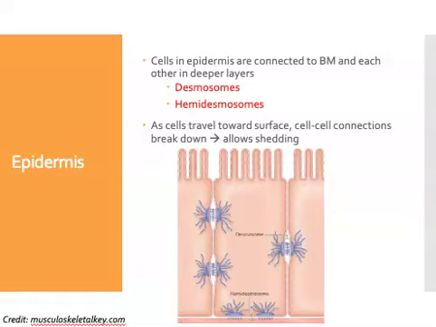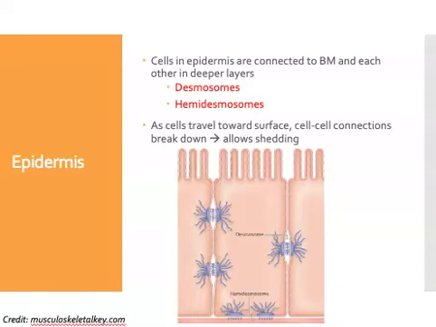So there are connections to the basement membrane, and there are connections in between each individual epithelial cell in the epidermis. These connections that I'm talking about are called desmosomes and hemidesmosomes.